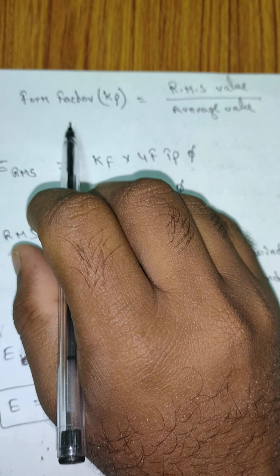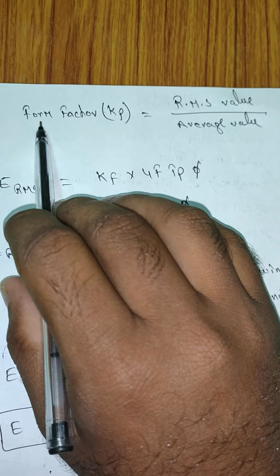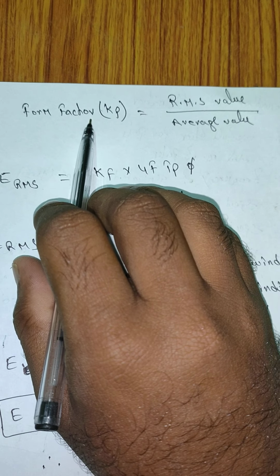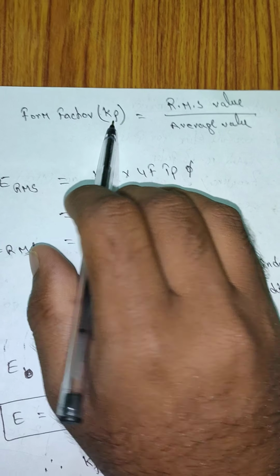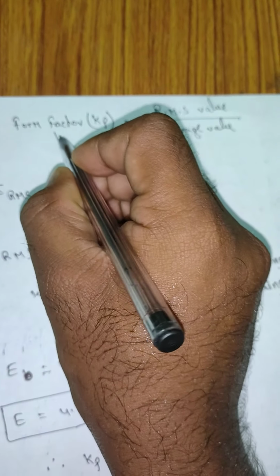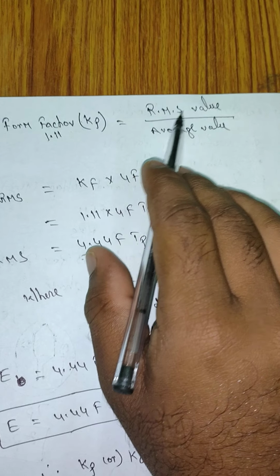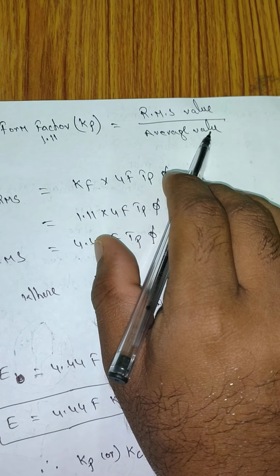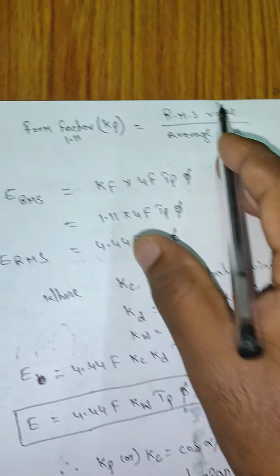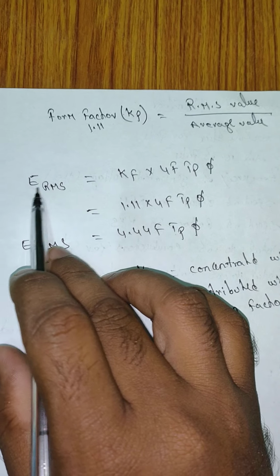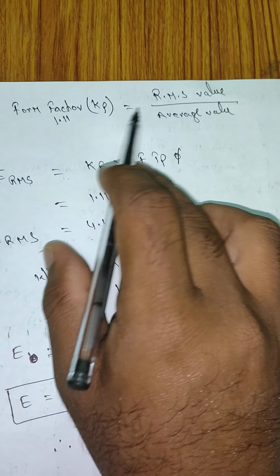Now for a sine wave we are finding the EMF equation. For that we have the form factor value, represented with Kp. For a sine wave the form factor value is 1.11, which is equal to the RMS value by the average value. From this we have the induced EMF RMS value is equal to form factor into average value.